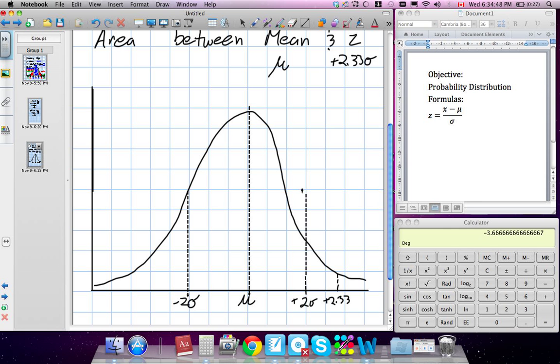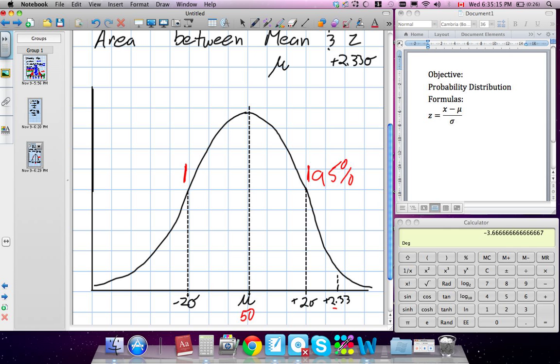Which makes sense. When we go back to relate it to our other numbers here, we had said that 2 standard deviations was essentially 95% of the data, right? But if we're only going from here to here, that's essentially half of 95. We'll relate it to the other one because we have a little more room here.